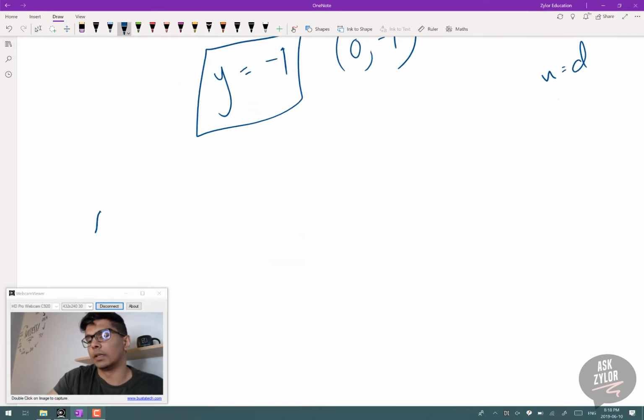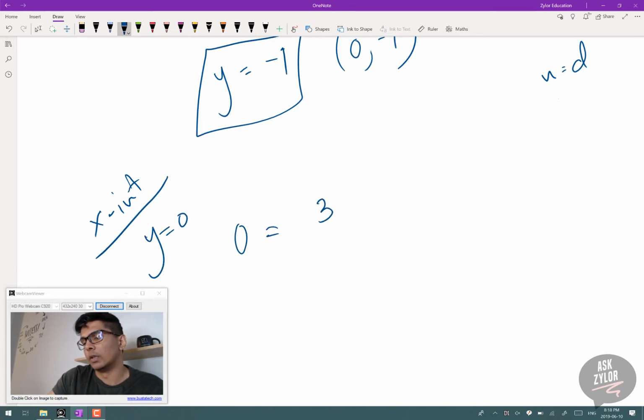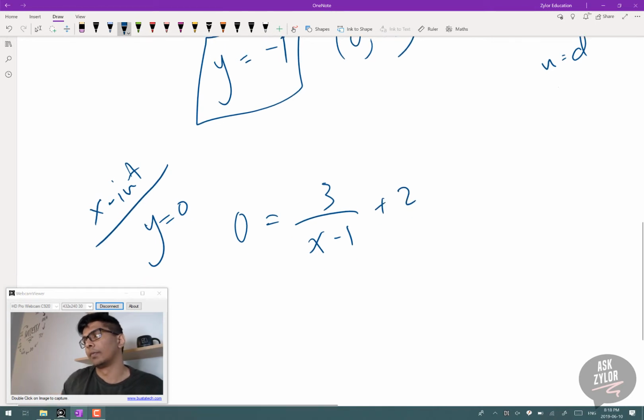To find the x-intercept, I'm going to plug in y is equal to 0. So I have 0 is equal to 3 over x minus 1 plus 2. Then I'm going to isolate for my x value.